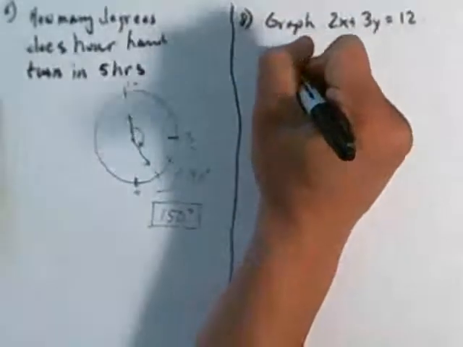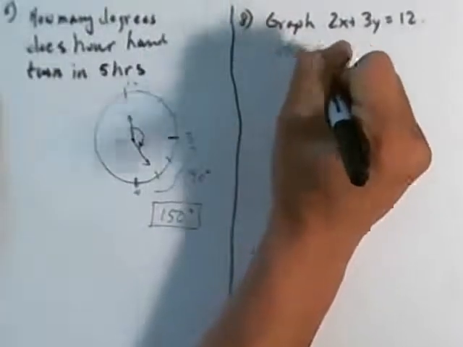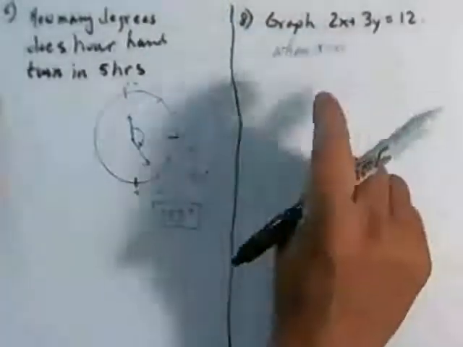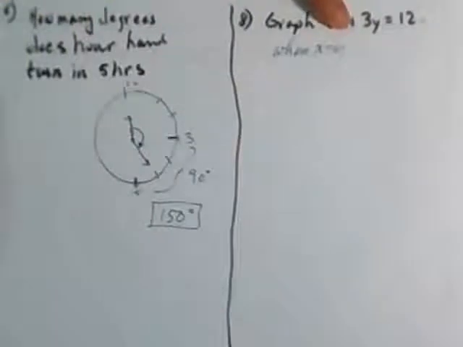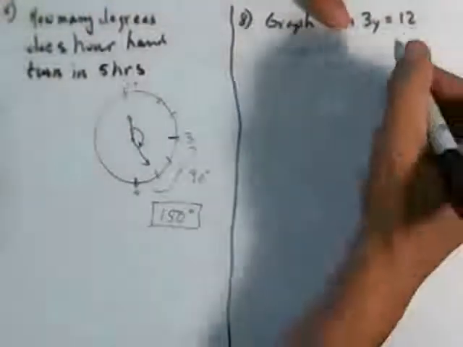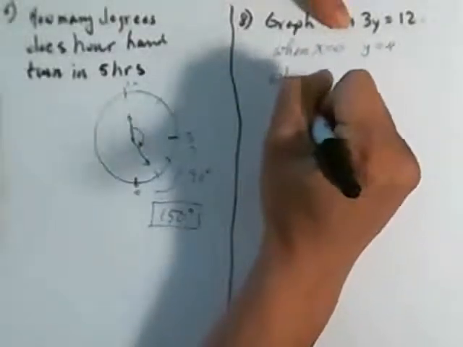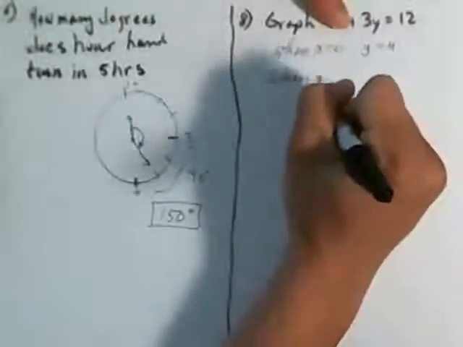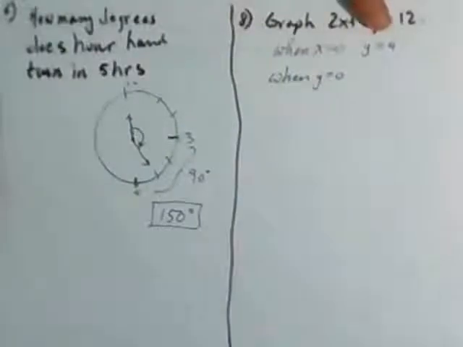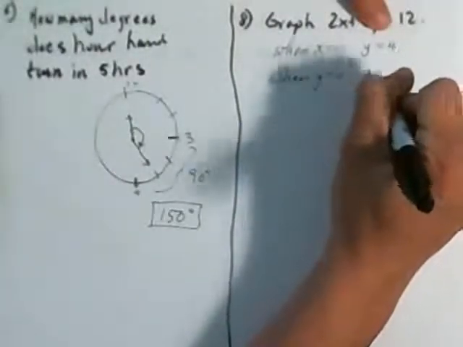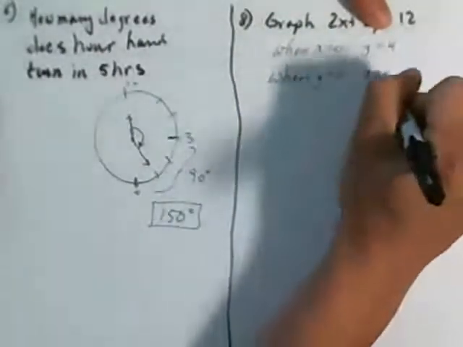So when x equals 0, when you plug in 0 for your x, your y value is going to be 4. When y equals 0, plug in 0 there, 2x equals 12, x equals 6.